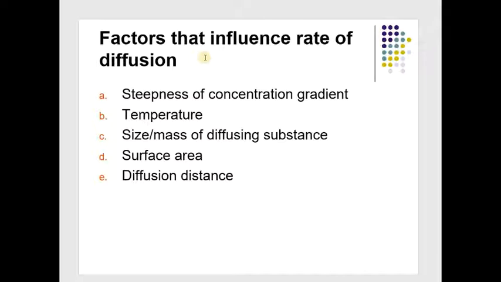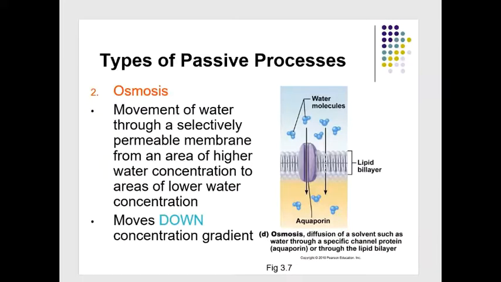Size and mass: the larger it is, the slower it moves, so tiny things are going to equilibrate a lot faster than large things. Surface area, and the distance. If your plasma membrane is really thick, it's going to move through a lot slower than through really narrow plasma membranes.